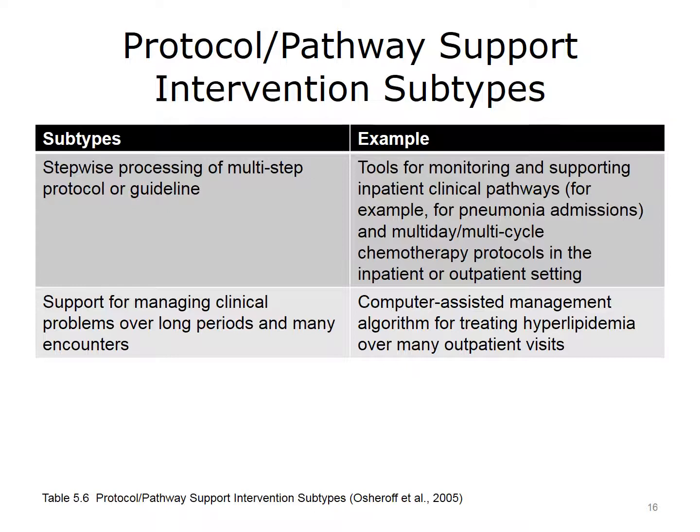Row 1 lists the subtype of stepwise processing of multi-step protocol or guideline with the example of tools for monitoring and supporting inpatient clinical pathways, for example, for pneumonia admissions, and multi-day, multi-cycle chemotherapy protocols in the inpatient or outpatient setting. Support for managing clinical problems over long periods and many encounters is the second subtype, and computer-assisted management algorithm for treating hyperlipidemia over many outpatient visits is an example.